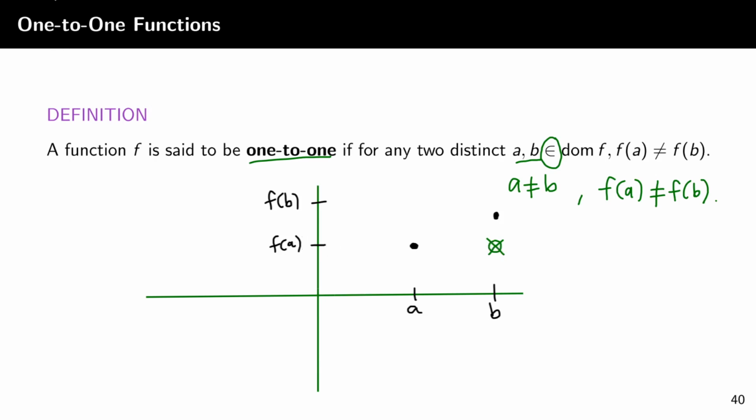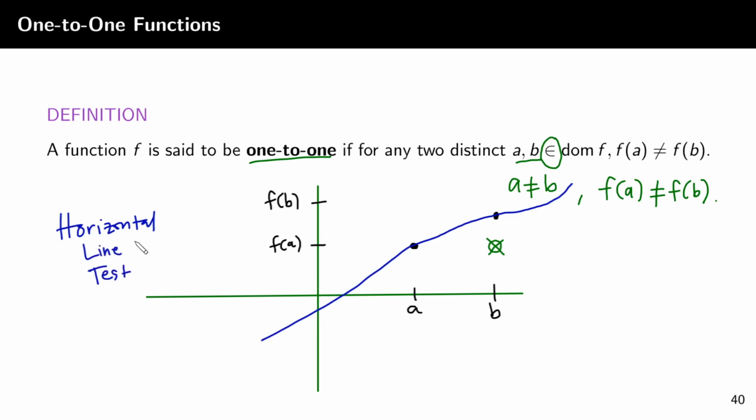Now, we actually have a test. Okay, we have a graphical test for verifying whether a function is one-to-one. And that is called the horizontal line test. Sulat natin, horizontal line test. Okay.